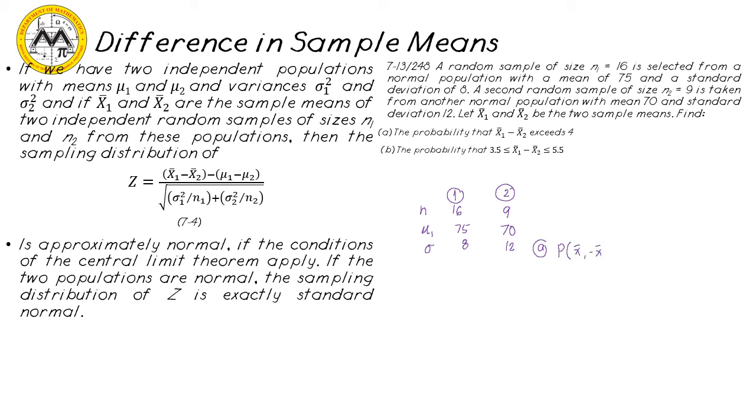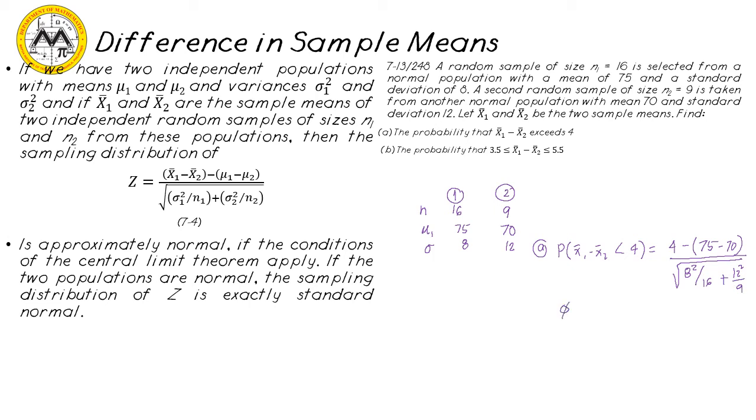So for letter A, the probability that x1 bar minus x2 bar is less than 4 is equal to 4 minus, this is 75 minus 70, over square root of 8 squared over 16 plus 12 squared over 9.